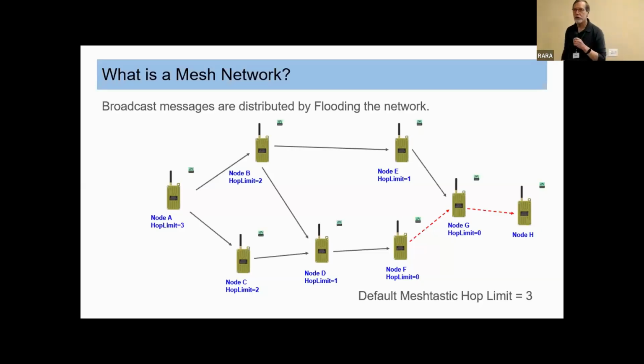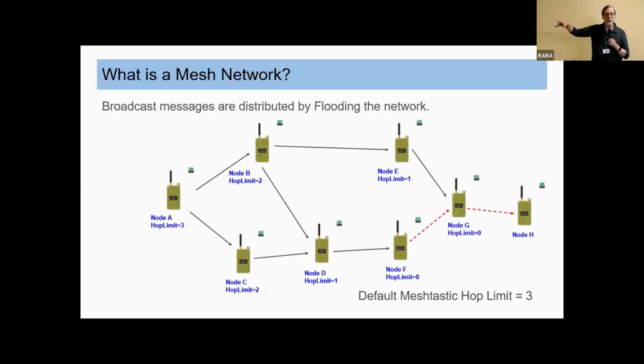Okay, Rich has a question. Don, is node A going to get its own message back again from node B and C? Yes. But it treats that as an acknowledgment, because in Meshtastic, in a broadcast message, node A never gets any real confirmation that it ever got wherever maybe it hoped it would get.